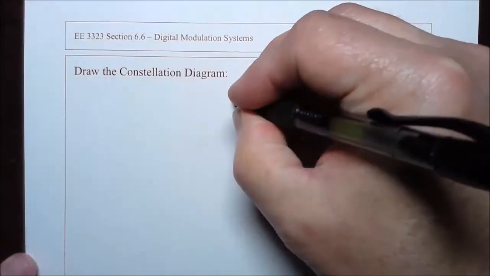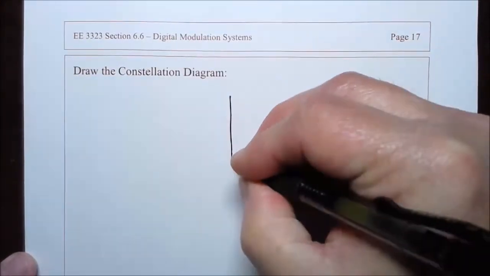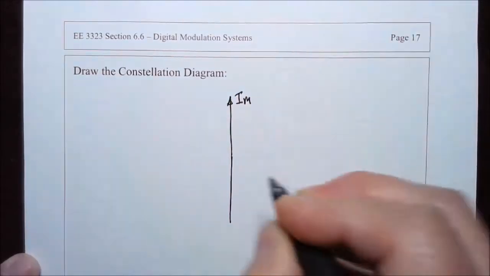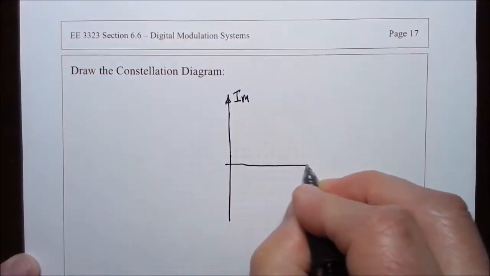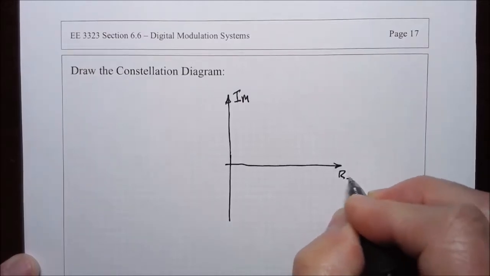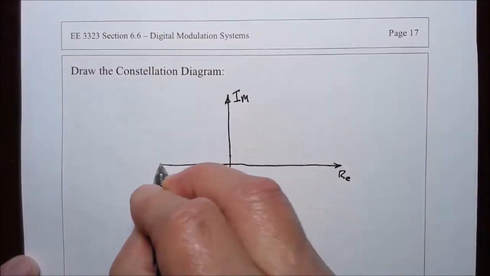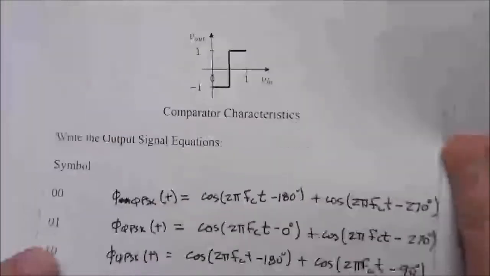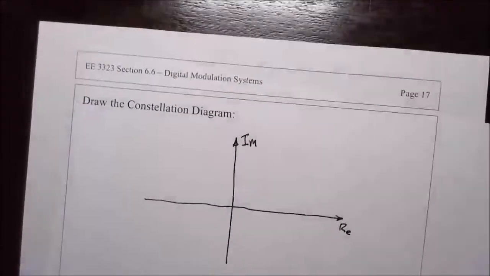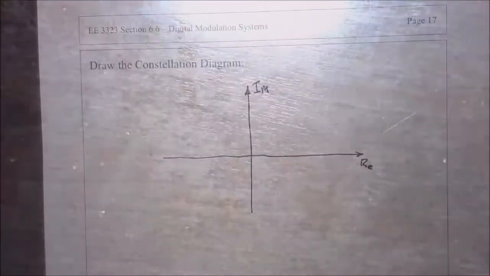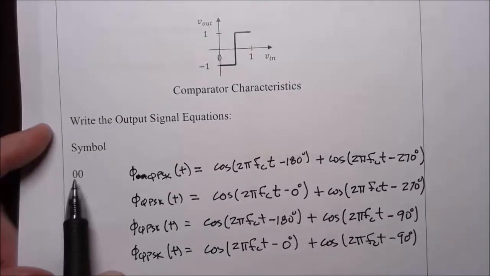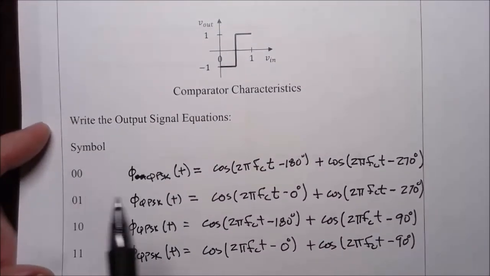So the constellation diagram has the imaginary axis vertically, the real axis horizontally, and we plot the points for each of the individual equations. Let's start with the point in the constellation for the symbol 0, 0.